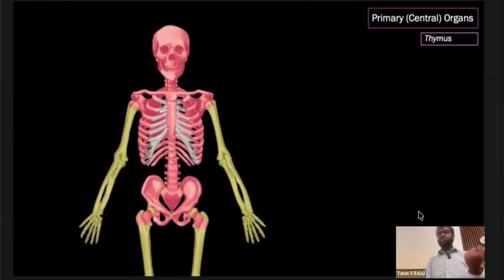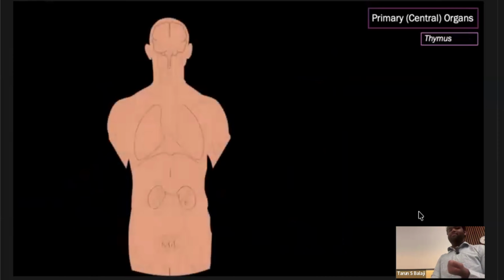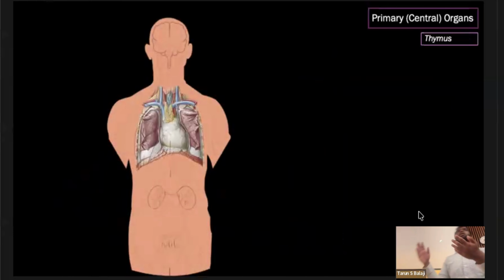Now that we've discussed bone marrow, let's look at the organ that I mentioned. We're peeking into the thoracic cavity and looking at one particular space called the mediastinum.